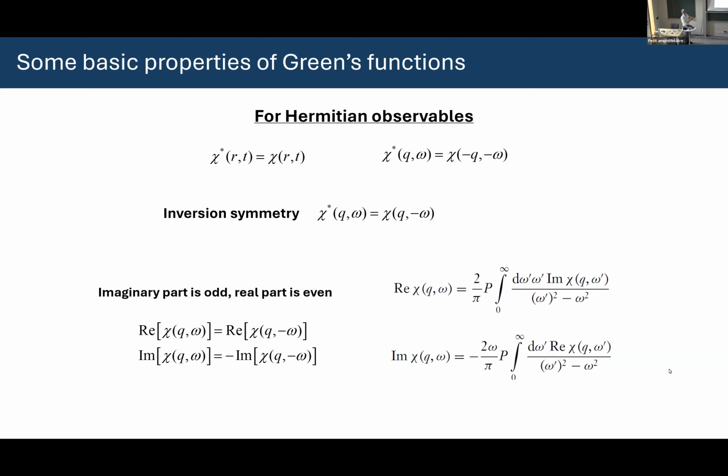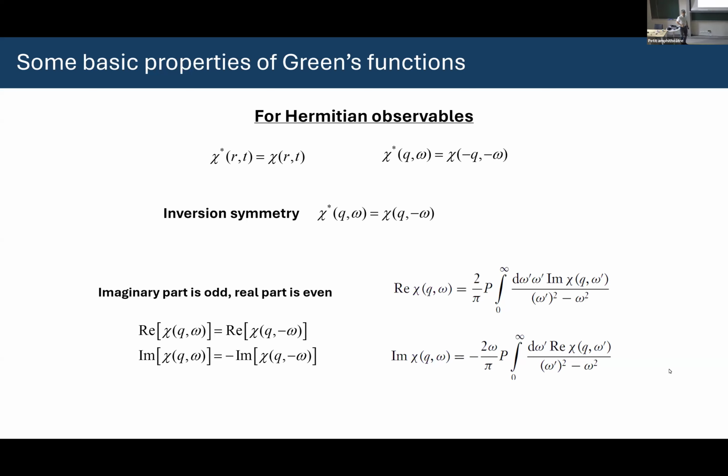But if it's density or current or spin, then these things are all real. So the complex conjugate of this thing, which is a complex quantity, is related by chi star of q and omega equals chi of q and minus omega. So it's a symmetry that's present. It's entirely a consequence of the fact that, say, the electron density is real.